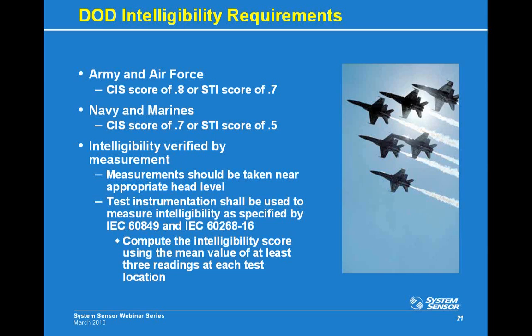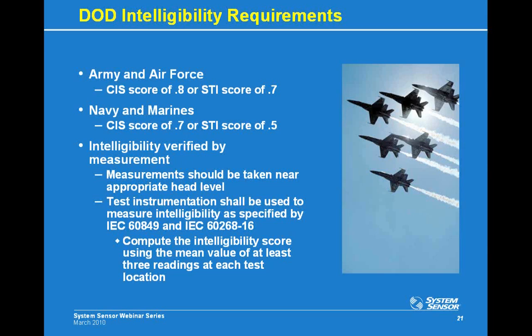The Navy and Marines require a minimum STI score of 0.5, which is the same that is being called out for NFPA 72. All mass notification projects in the military are required to verify the intelligibility scores using either STI or CIS. All measurements should be taken at head level for each space depending on what that space is used for, whether it be a sleeping space or an office space or what have you.